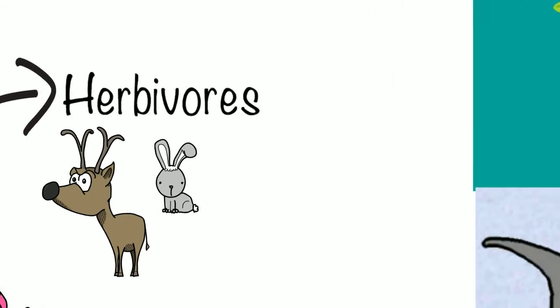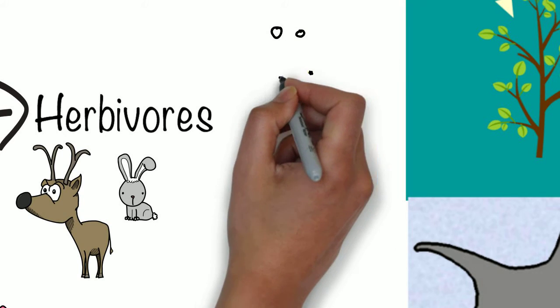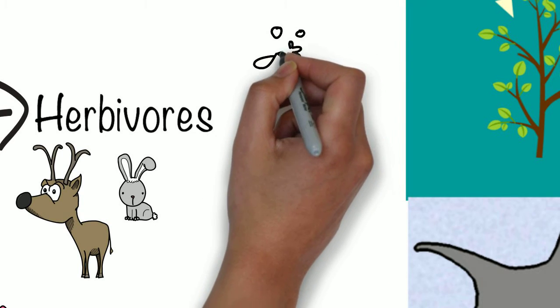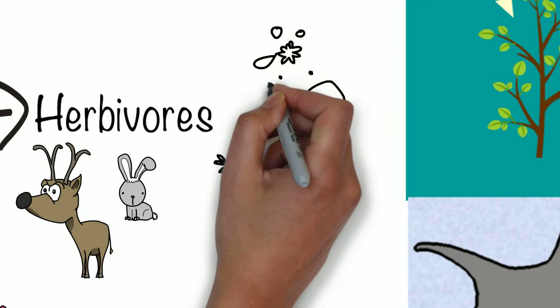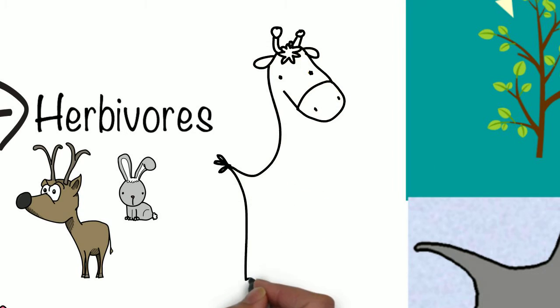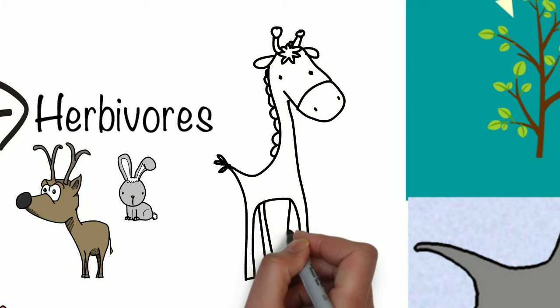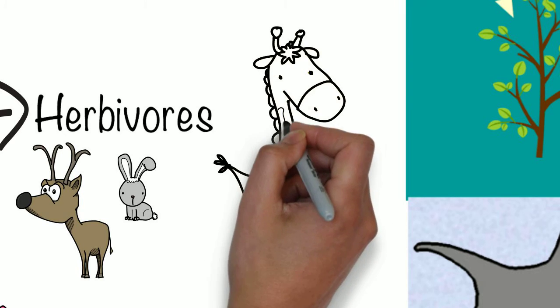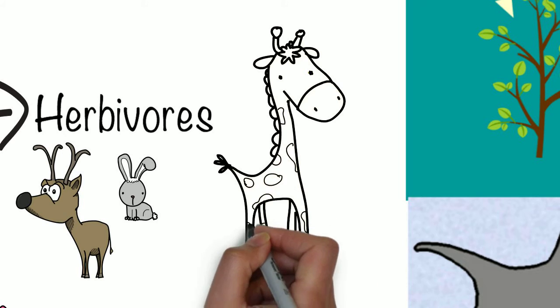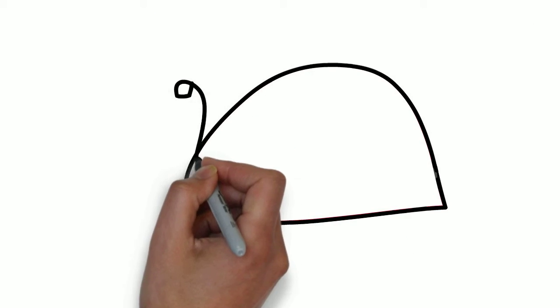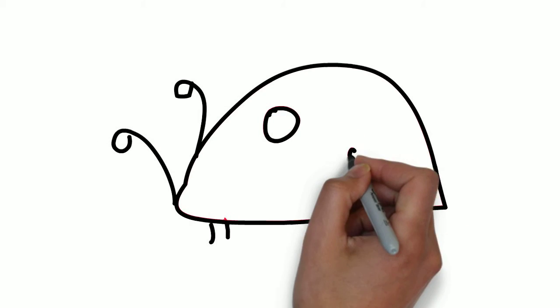We also have a big, tall giraffe. And giraffes actually use their long necks to reach up into tall trees. And they rely on the leaves for their food source. So their big necks help them get food to eat. And we also have a really tiny little ladybug. And ladybugs rely on plants and grass for their food as well.